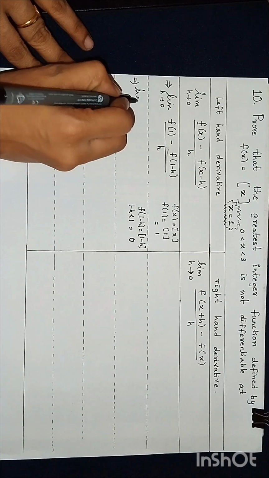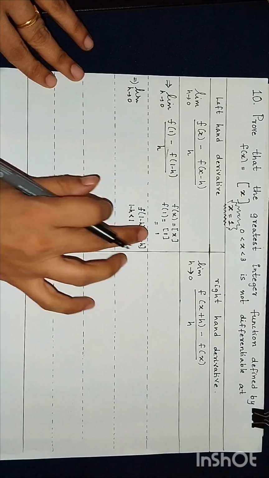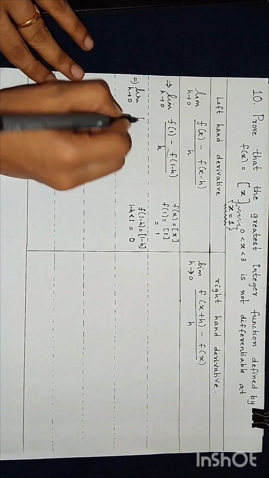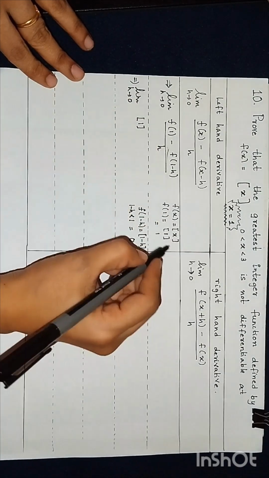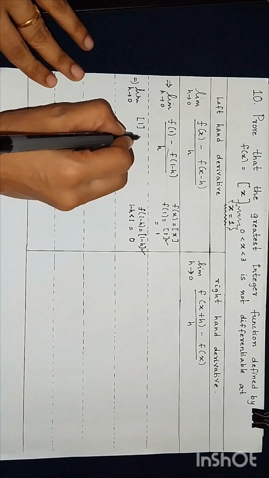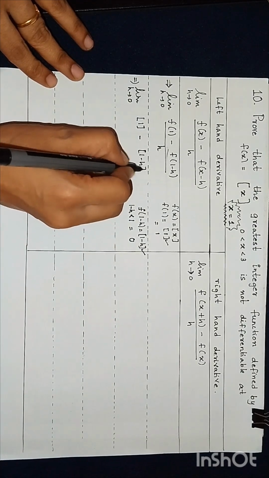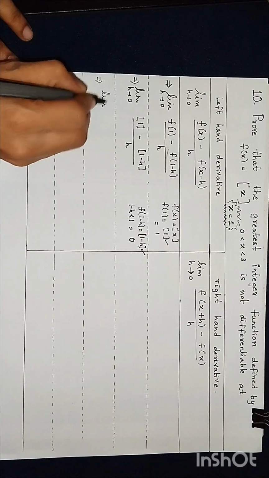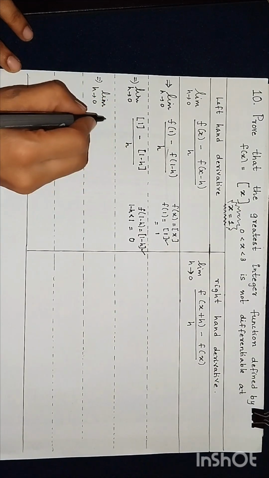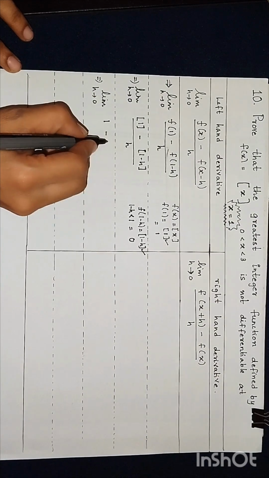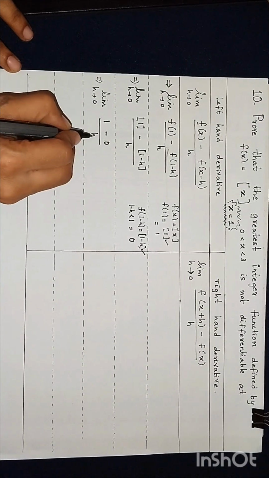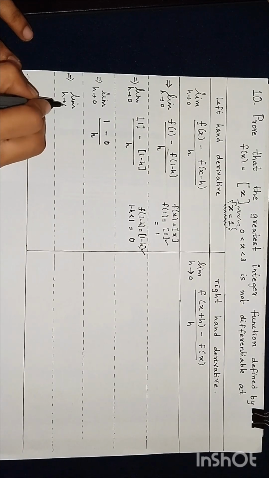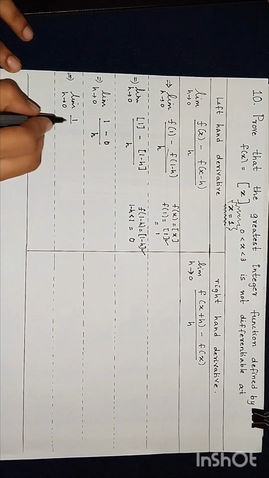So this implies limit h tends to 0. You can directly write it, but this step is very important, so let us write this step: f of 1 minus f of 1 minus h divided by h. Now this implies limit h tends to 0, the value of this is 1 and the value of this is 0, divided by h. This implies limit h tends to 0, (1 minus 0) by h.